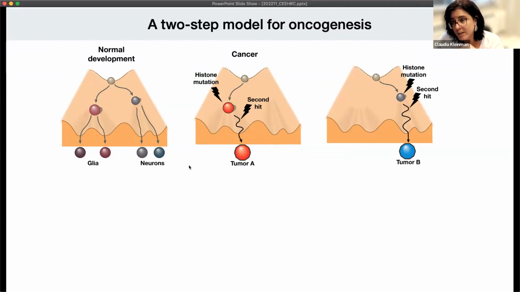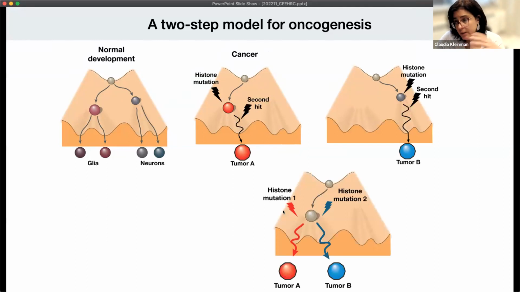So the first question in the lab is, is this model true? Or is the different clinical manifestation actually a product of the oncogenic reprogramming after these very deleterious mutations in the histone gene and other epigenome genes?